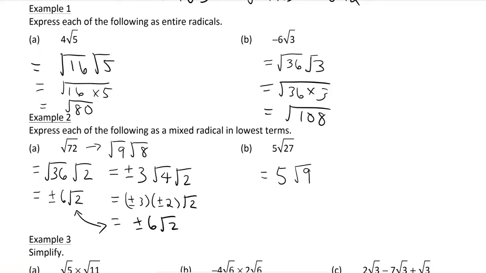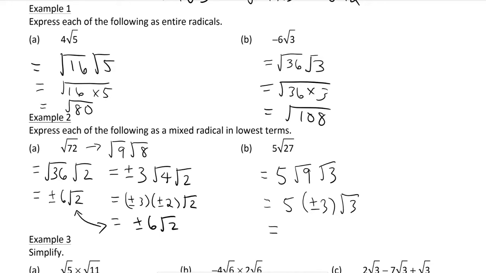Square root of 9 times square root of 3. So square root of 9 is plus or minus 3, right? Remember, there's still multiplication between each of them, so don't forget to put brackets here, because if you don't put brackets, you might confuse yourself with 5 plus 3 or 5 minus 3, which will get you a very different result.